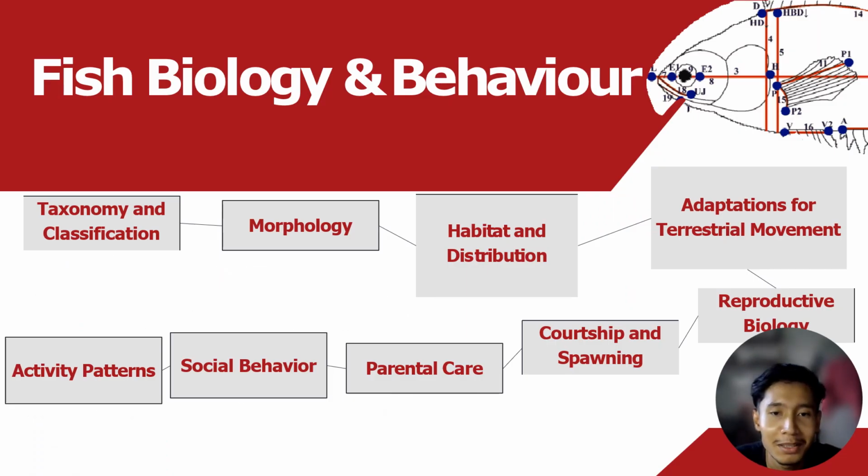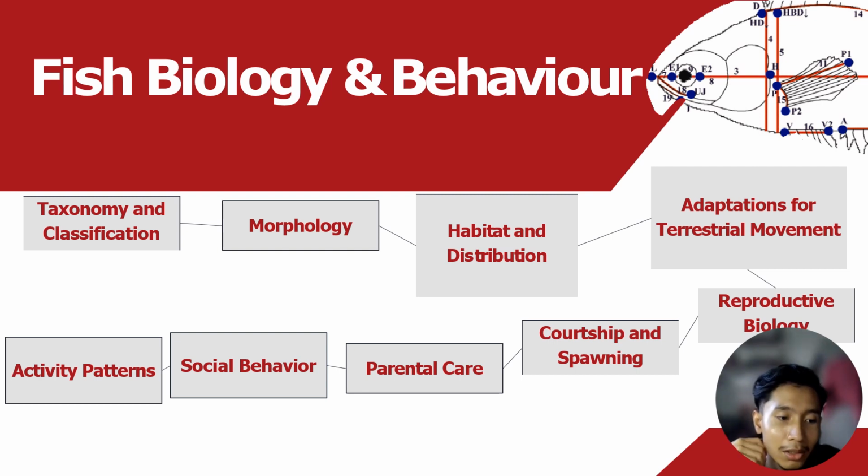The fish biology and behavior. Number 1, taxonomy and classification, morphology, habitat and distribution, adaptation for terrestrial movement, reproductive biology, courtship and spawning, parental care, social behavior, activity patterns. Okay, number 1, taxonomy and classification.